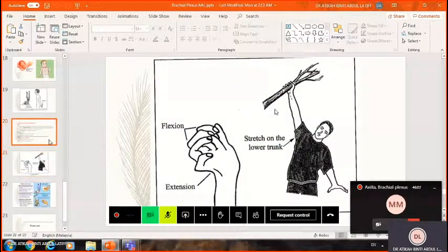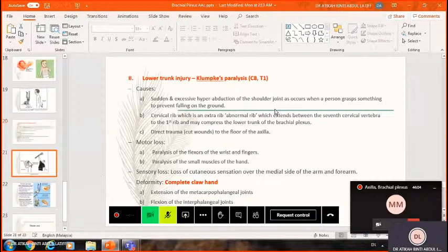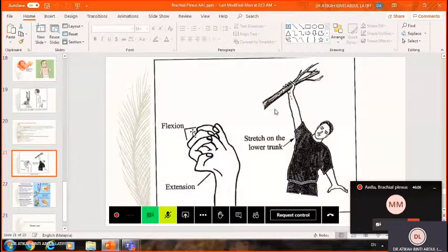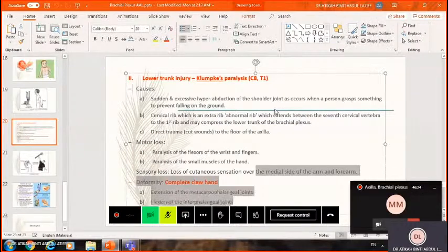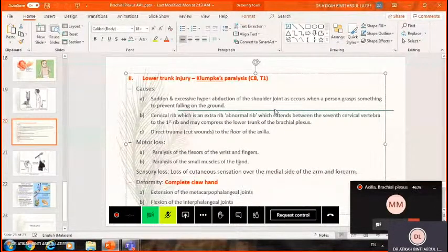You can see flexion of the interphalangeal joints here and here, and extension of the metacarpophalangeal joints. You will learn more about these joints during the hand lecture, the arm and forearm and so on, but I just want to introduce the words here. So the deformity is called complete claw hand.